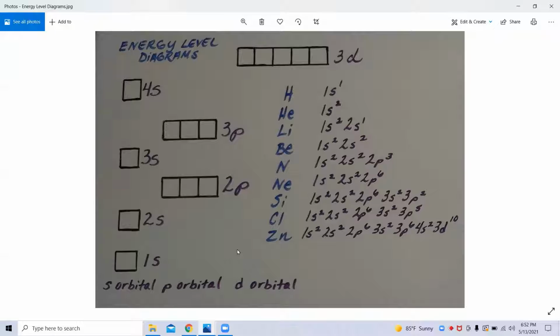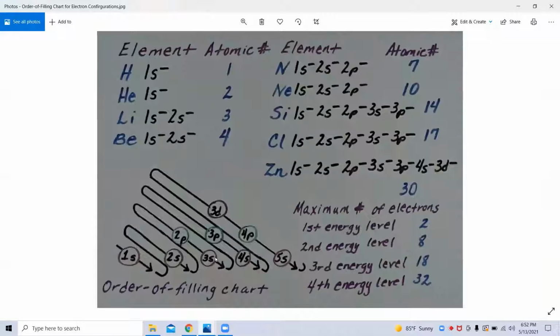We use the order we used in the order filling chart for electron configurations. Now, which one was that, you may ask? Well, I did a video on this. So basically, the way I put these in order was, and once again, you're not going to use them for all the elements, but this is what I'm going to use for this video.